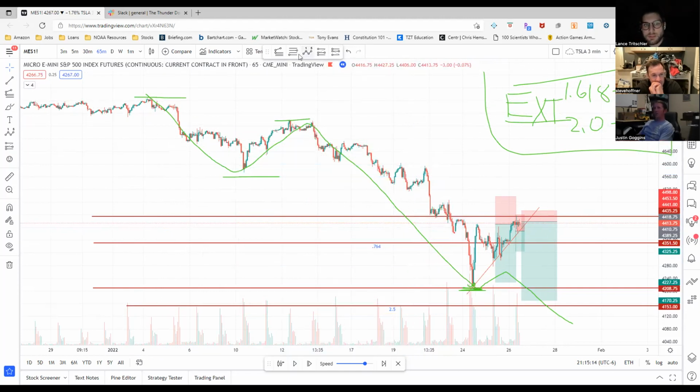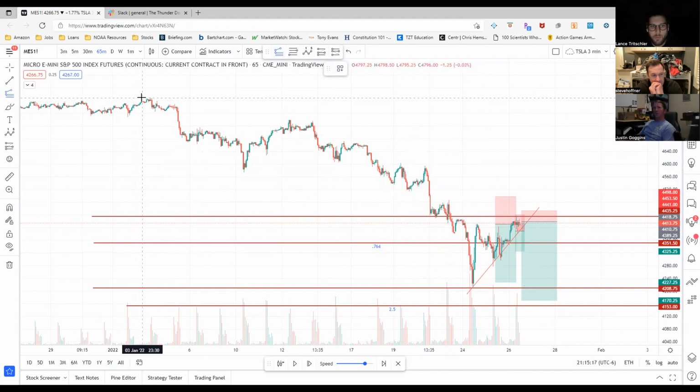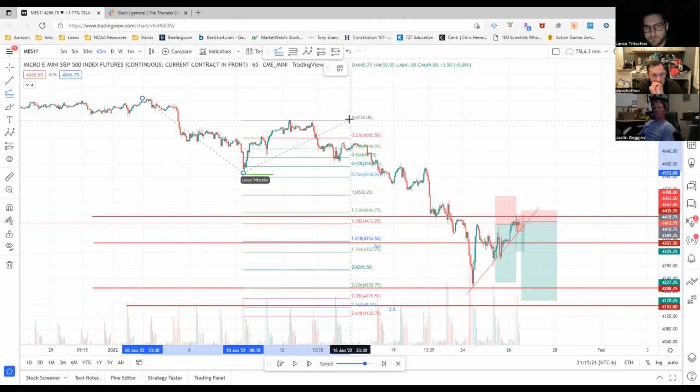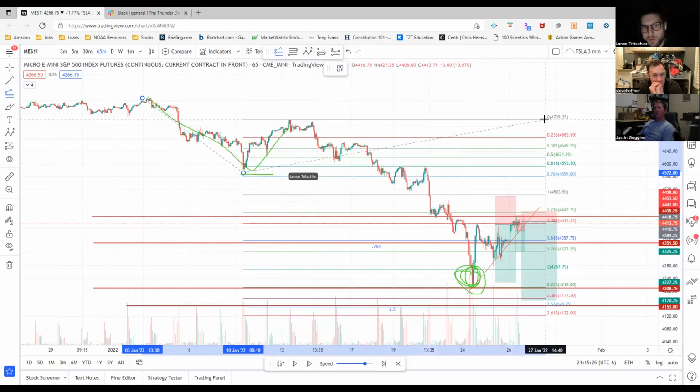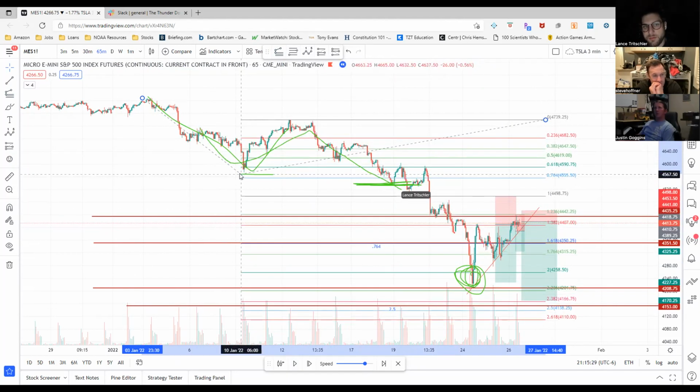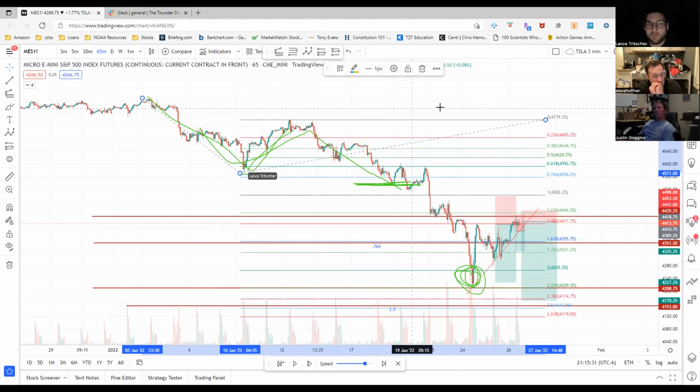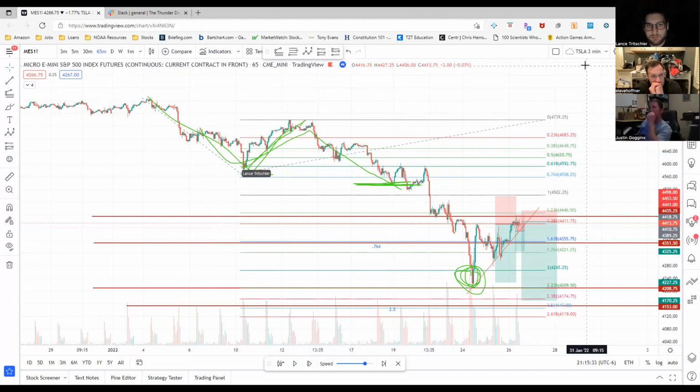When we go up to the 1, 2, remember, before this was here, we knew that this was a 1, 2. As soon as we started making these lows down here, we were like, okay, this should be the 3 wave now, and this should be the 2. Honestly, we could have probably known that right around here, because this trend line breaks, and now we're starting this down move.